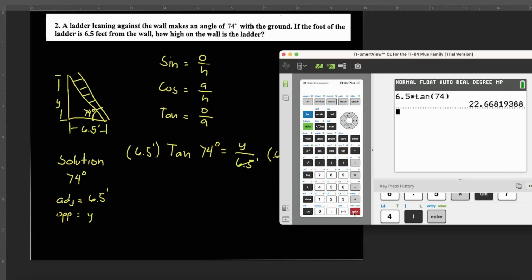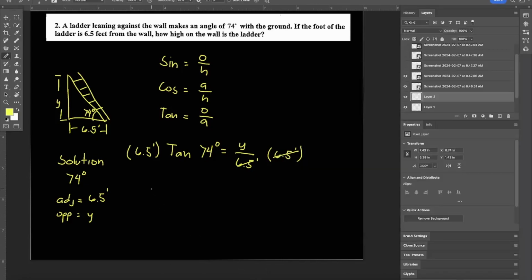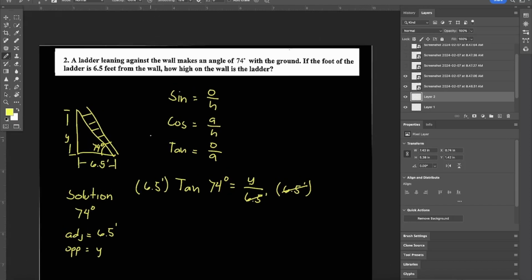We press enter, and that will now give us about 22.668, or we could just round that off to 22.67 feet.